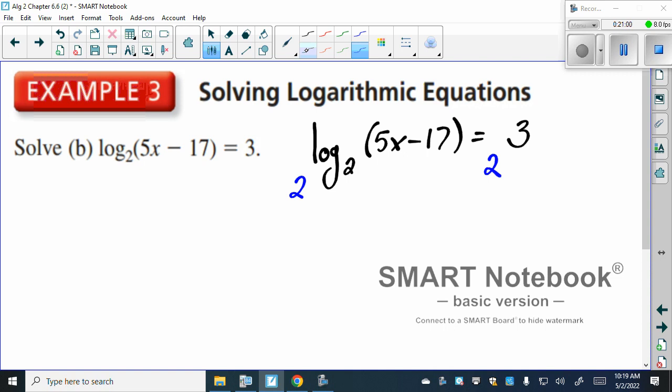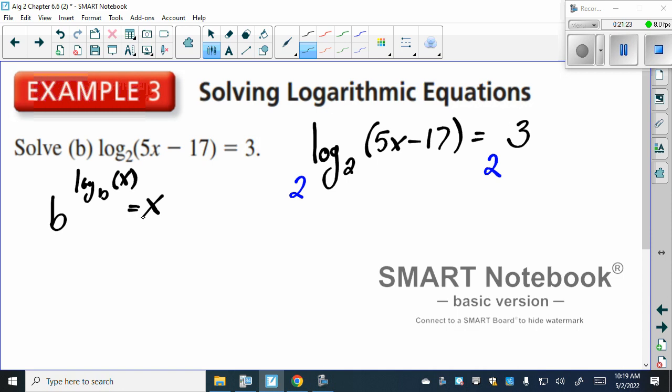Because one of our properties that we had was b to the log base b of x is equal to x. Those will cancel out. And again, just like with exponents, whenever we apply this, it's good to have one term on either side. So the logarithm is going to be completely by itself.